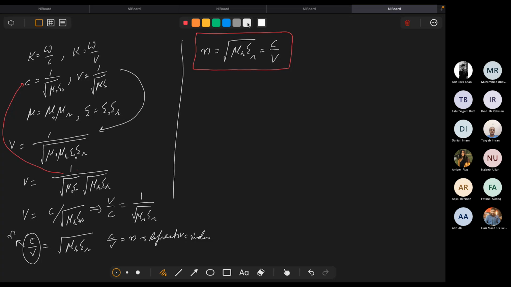Okay, so here, if this is the situation, and we know that k is equal to omega over v, ठीक है. और इसको हम इस तरह भी लिख सकते हैं. ठीक है. एंड जो आपका 1 ओवर v है, basically it shows 1 over under root permeability and permittivity.